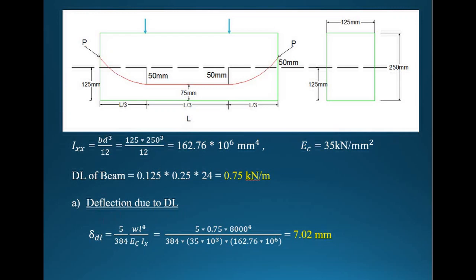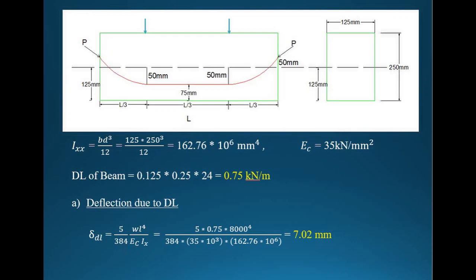So for that we have a formula. Deflection due to dead load is delta DL equal to 5 by 384 into WL power 4 by EC into IX. How did I choose this formula? It's a dead load calculation.